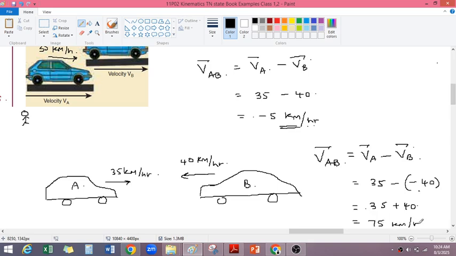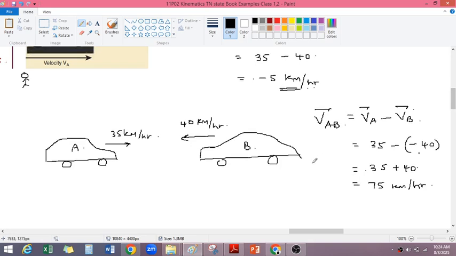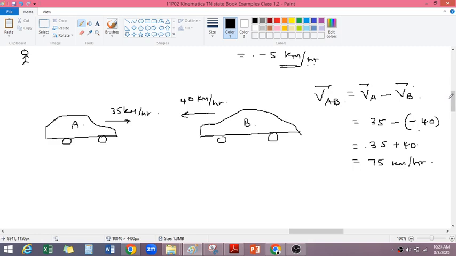So what it means is the relative velocity is higher, or they are approaching each other. Similarly, B with respect to A would be VB minus VA.